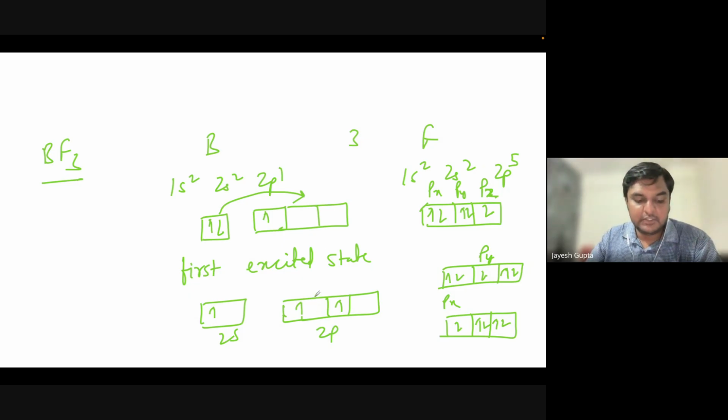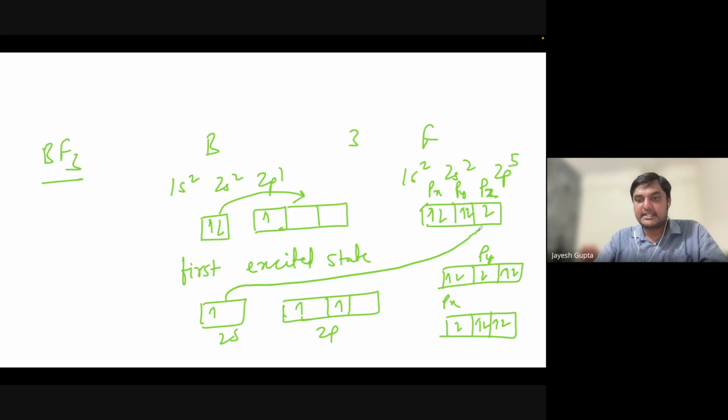So how will this benefit? This can give you the 3 types of bond. For example, this s will make a bond with pz, which gives you a sigma bond. So the first bond you got is sigma 2s-2pz.